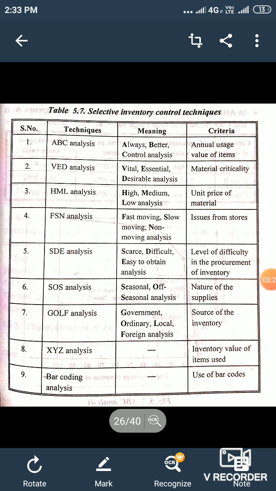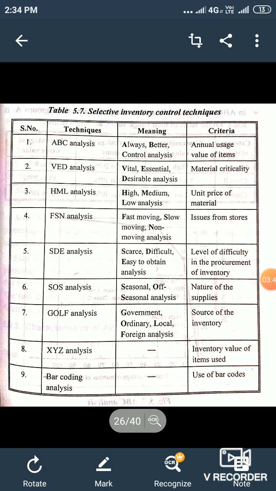It is mainly used to control the inventories of purchased items. The items which are purchased from outside or made outside the company are classified according to HML analysis.